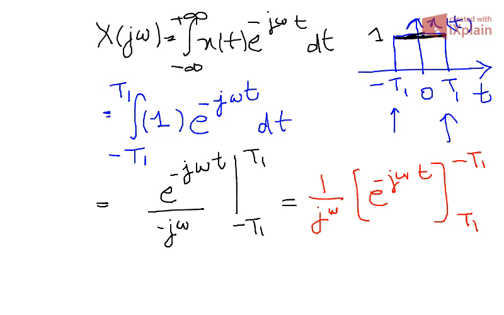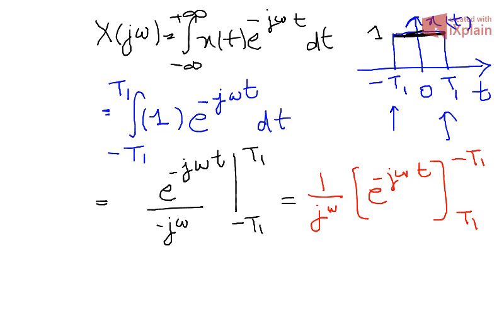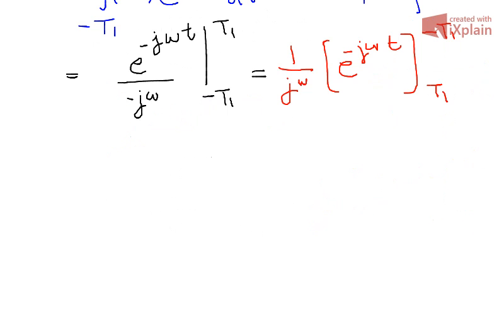Just to consume this negative sign, I replace these, invert the upper and lower limits, right? You can do that. So let's try to solve this equation now. It's easy to solve.